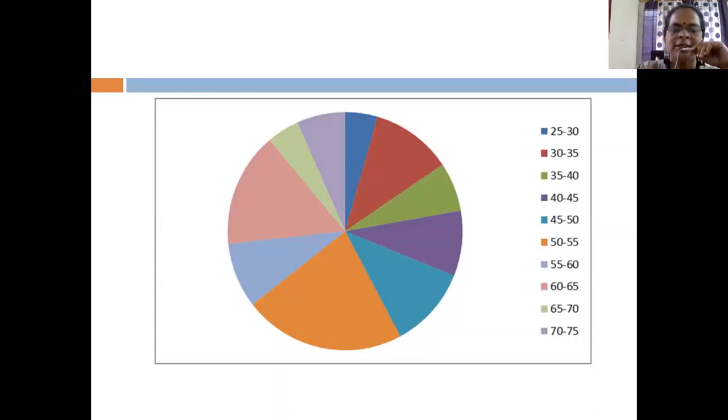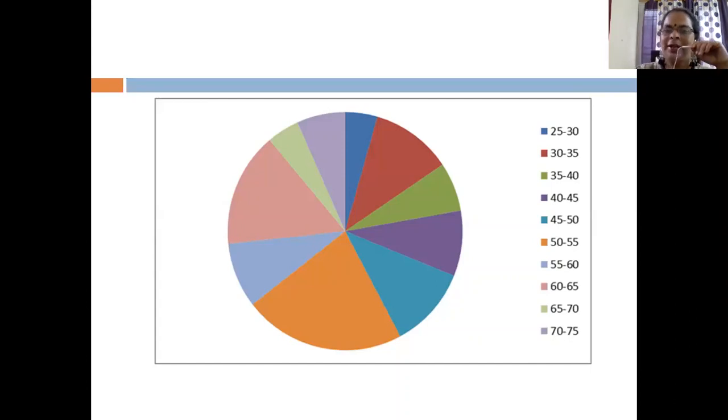So easily we can compare the different components to the total. If you don't know the percentage, suppose you have only this diagram, you can directly say that in the category of 25 to 35 there are very few students.